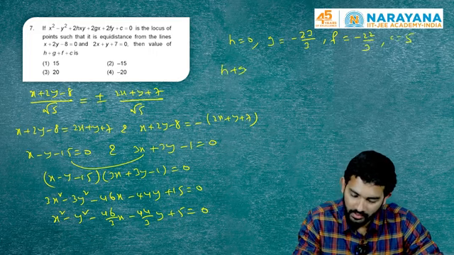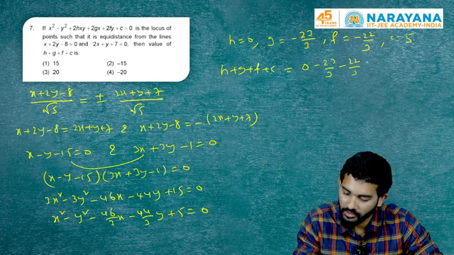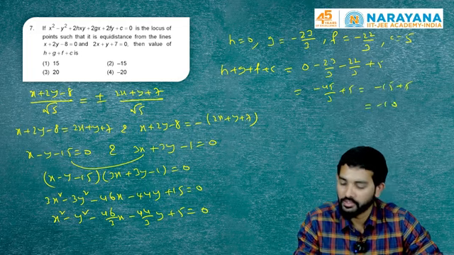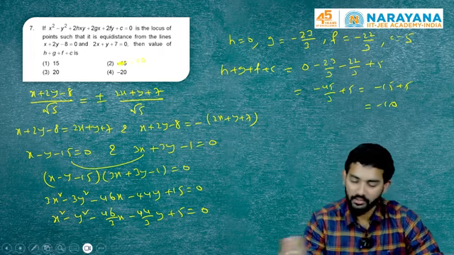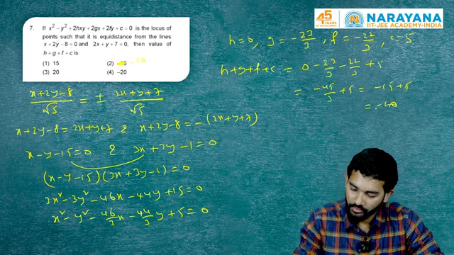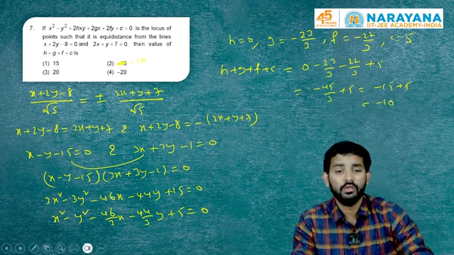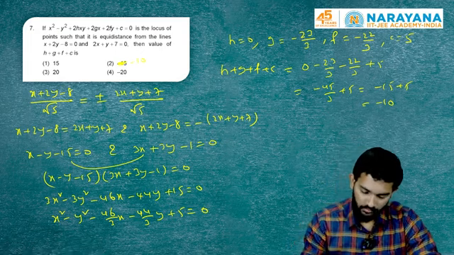Now he is asking h plus g plus f plus c, which is equal to 0 minus 23 by 3 minus 22 by 3 plus 5, which is minus 45 by 3 plus 5, minus 15 plus 5, minus 10. So the answer should be minus 10. The answer is not there here. It means they might have noted down the wrong options. So the exact answer will be minus 10, which is a simple angle bisector based question.